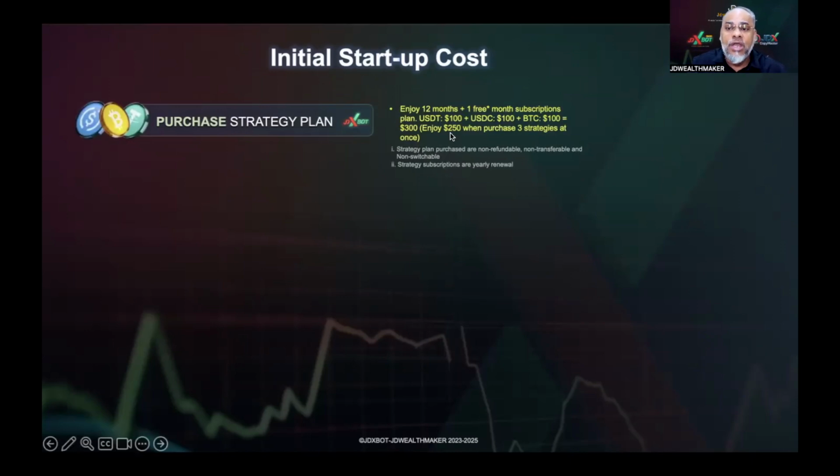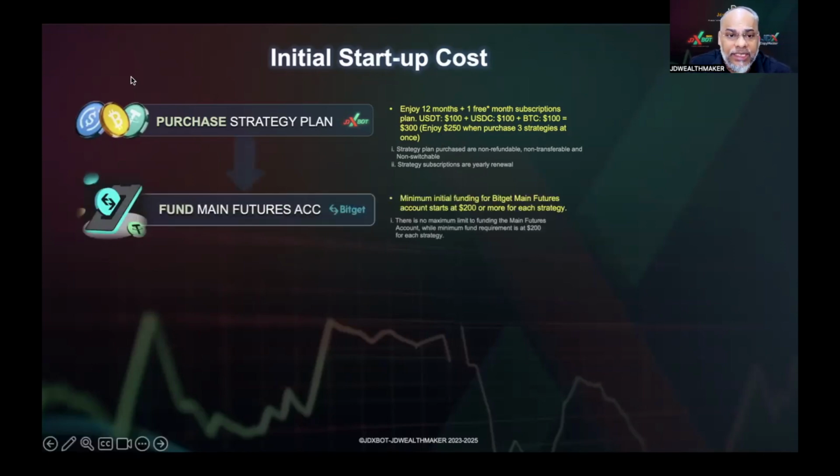As I mentioned, we have 3 strategies: USDT, USDC, and BTC. Each of these strategies is $100. But if you purchase all 3 strategies at once, you only have to pay $250. Please understand that this is a yearly renewal, 365 days, for the strategy.